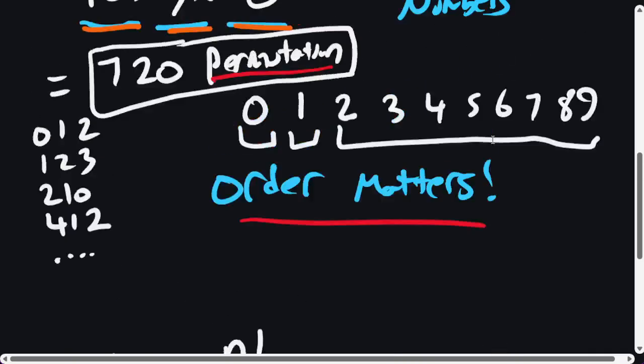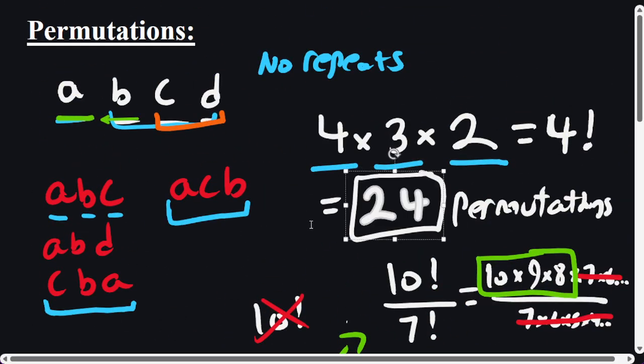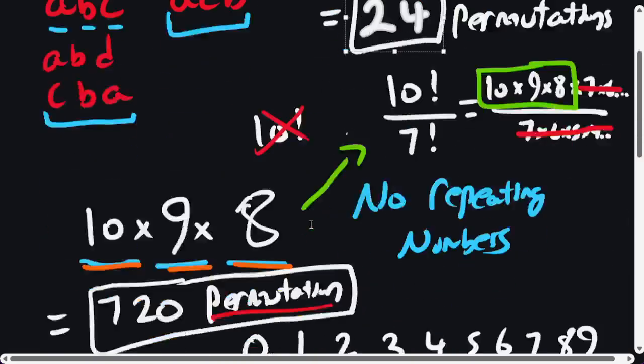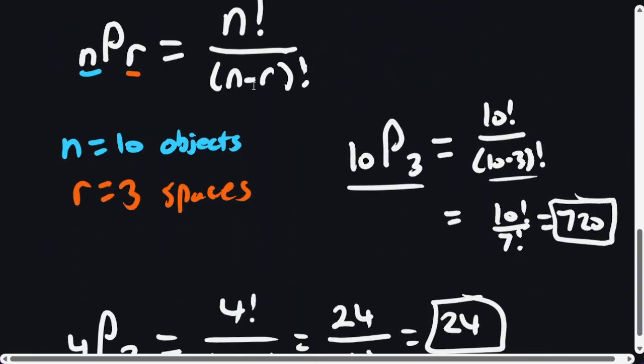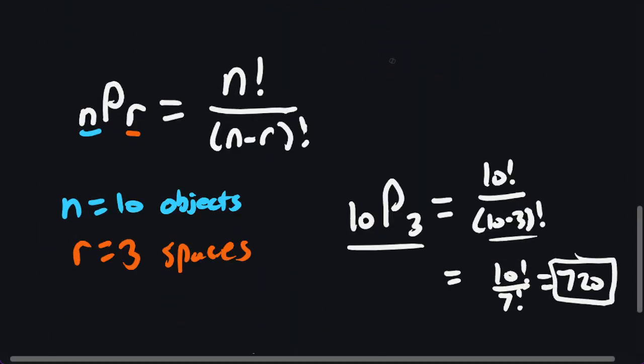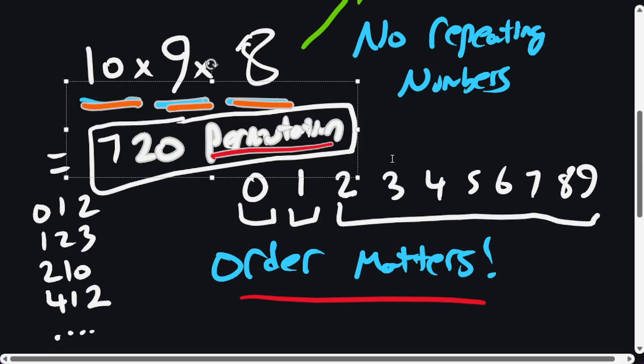And that was the answer we got up here. So there are 24 permutations in this first case, and 720 permutations in this second example with the numbers.